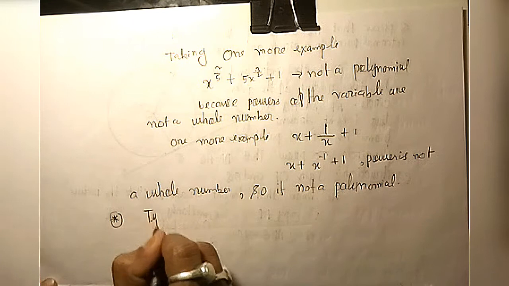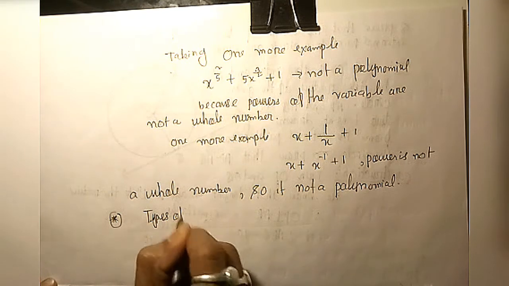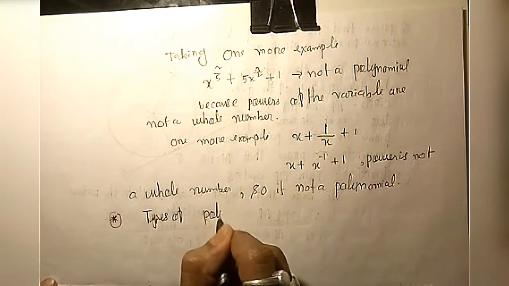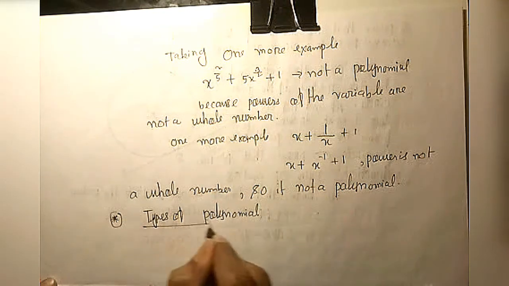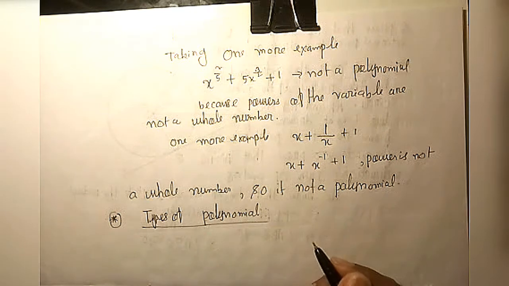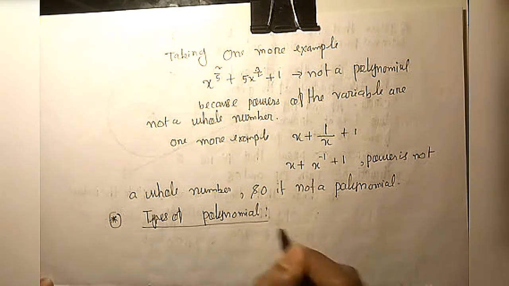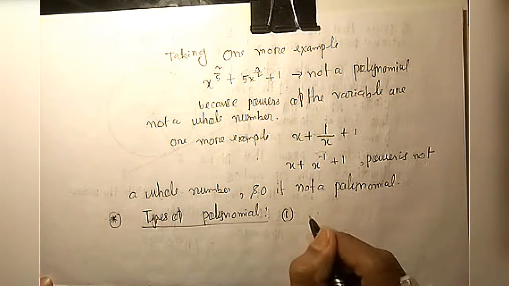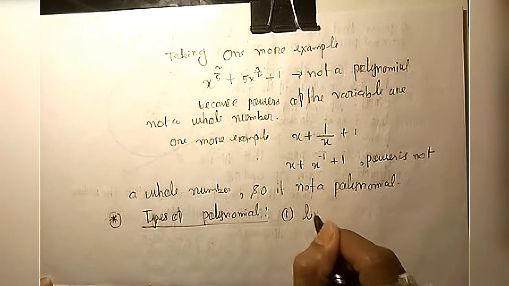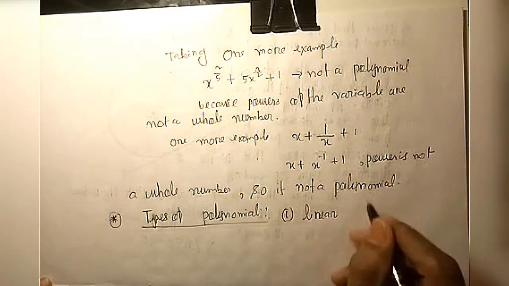Moving to the next important point, types of polynomial. In this point we will discuss how many types there are. Number 1, linear polynomial.